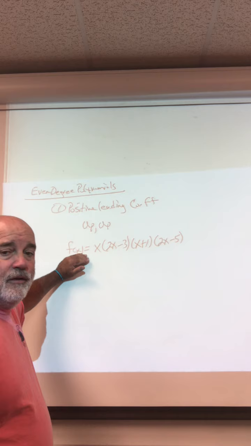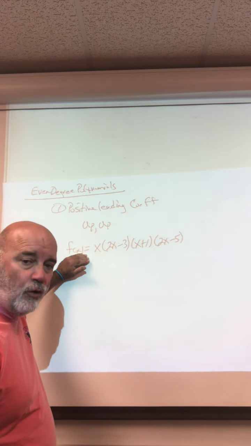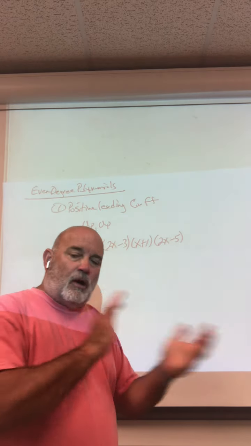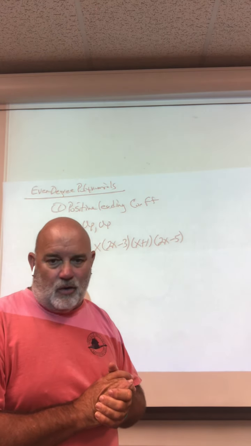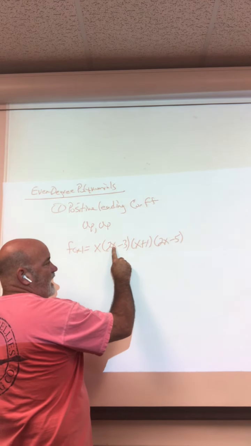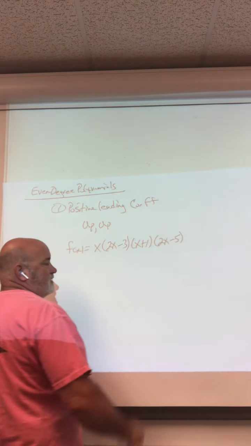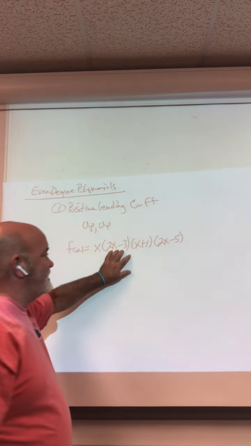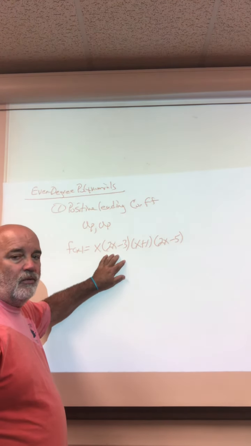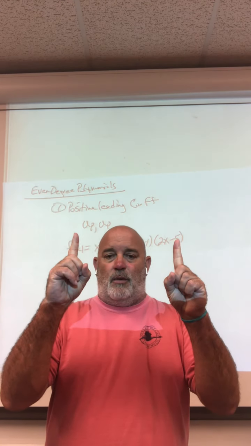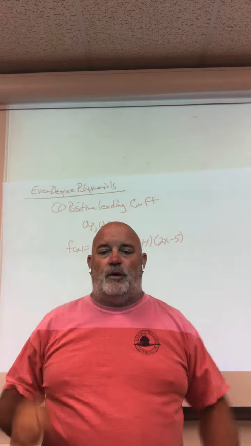Okay, first of all, if I ask you what degree polynomial is this, remember the degree is if you were to multiply it all back out, which I'm not going to do. But if I multiply this out, x times x times x times x would be x to what? The fourth. So this is an even degree polynomial. So that means if I graph this, either both arms will go up or both arms will go down.